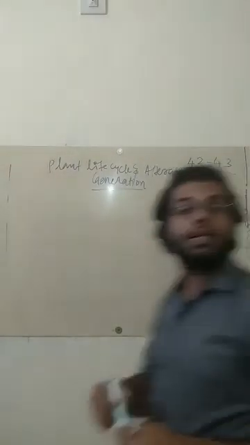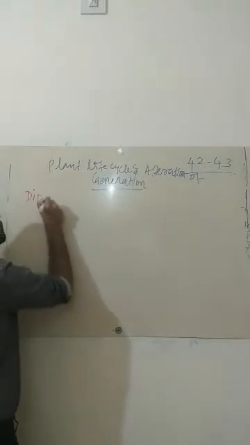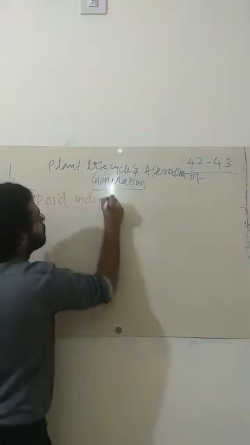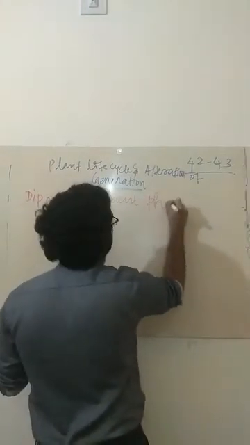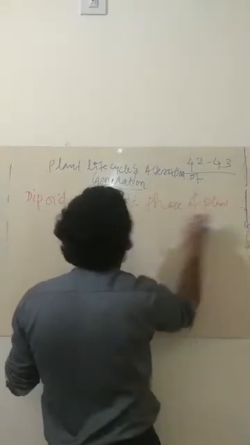The other extreme is type 1, the deployed independent phase of plant. So just before that we have said about the deployed dependent phase of plant.